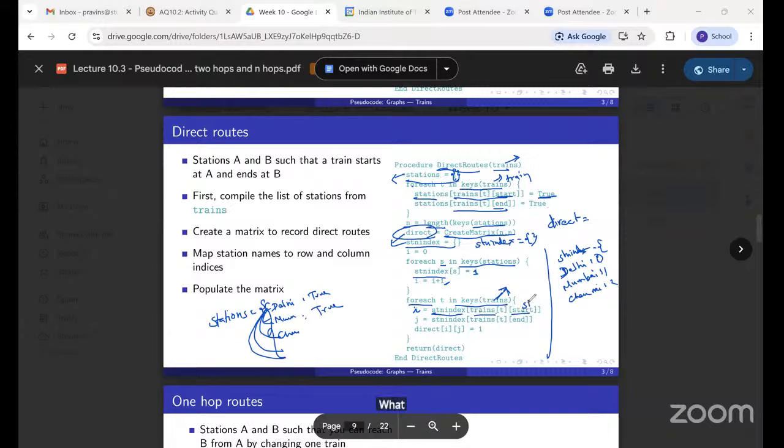It is a station name, right? The starting station name in your train dictionary. And similarly, this is your ending station from your train dictionary. And your station index dictionary has only starting and ending stations with the indices, right?